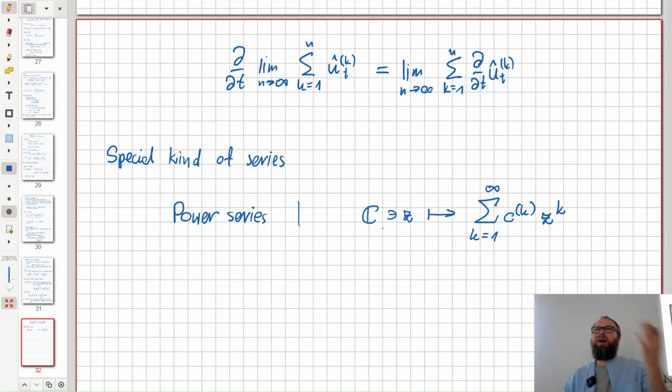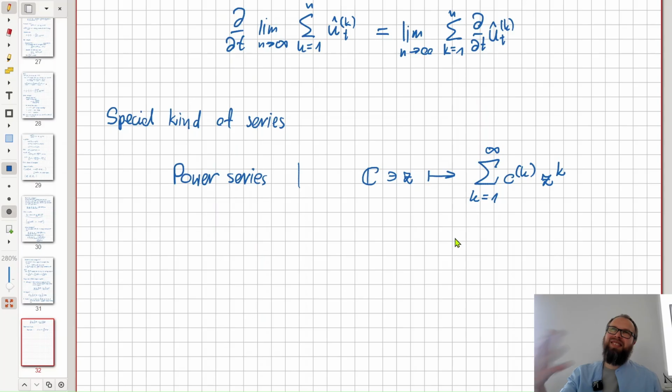That's why it's called a power series, because the terms are powers of your argument. For example, Taylor series is a kind of power series, right? So it's commonly seen everywhere. We've all seen them and love them.